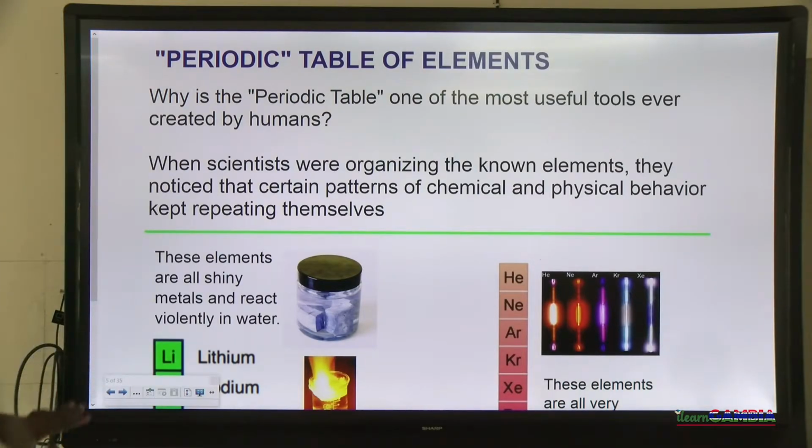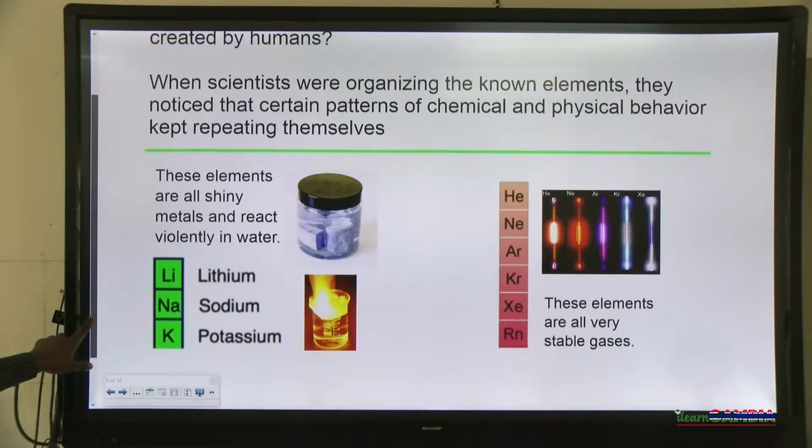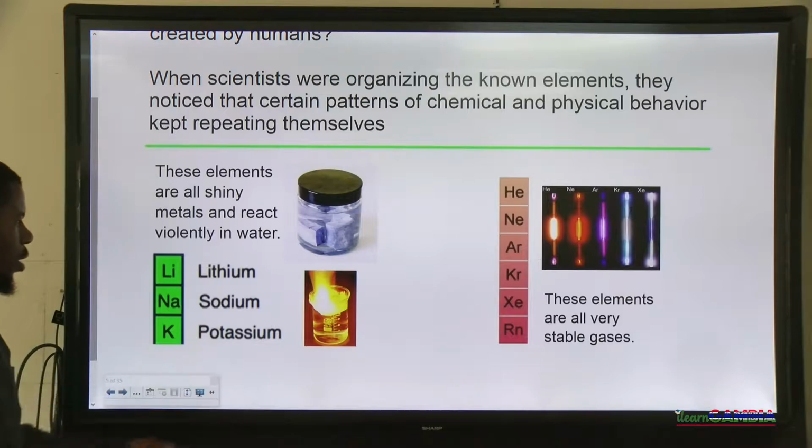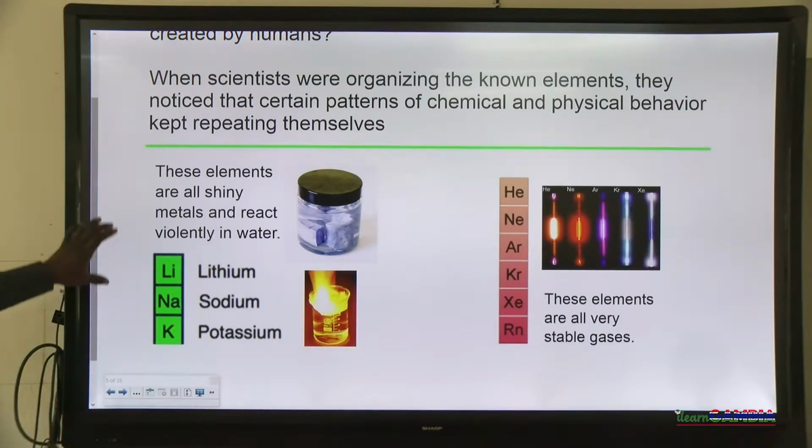For instance, we have lithium, sodium, and potassium. They observed that these elements are shiny metals and they react violently with water.